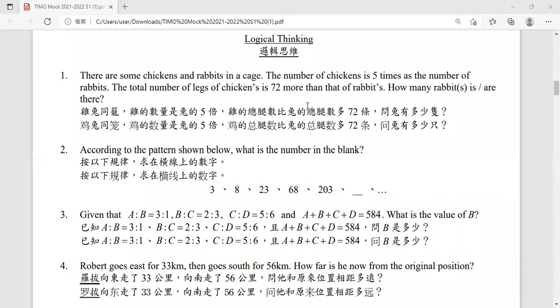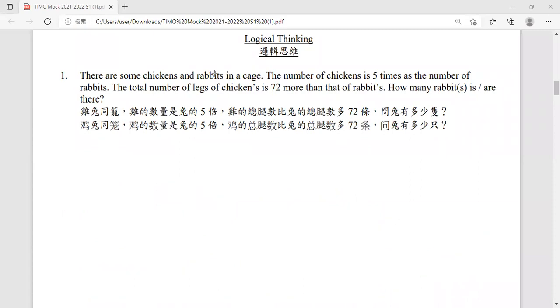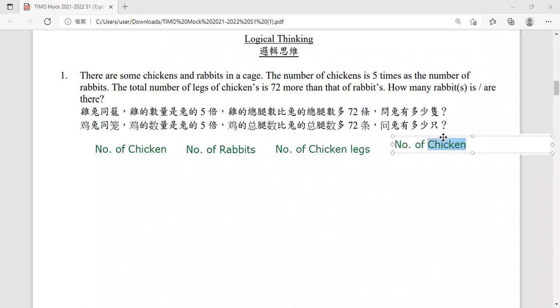Let's see. I will start from here. You have the number of chickens, and the number of rabbits, and the difference.